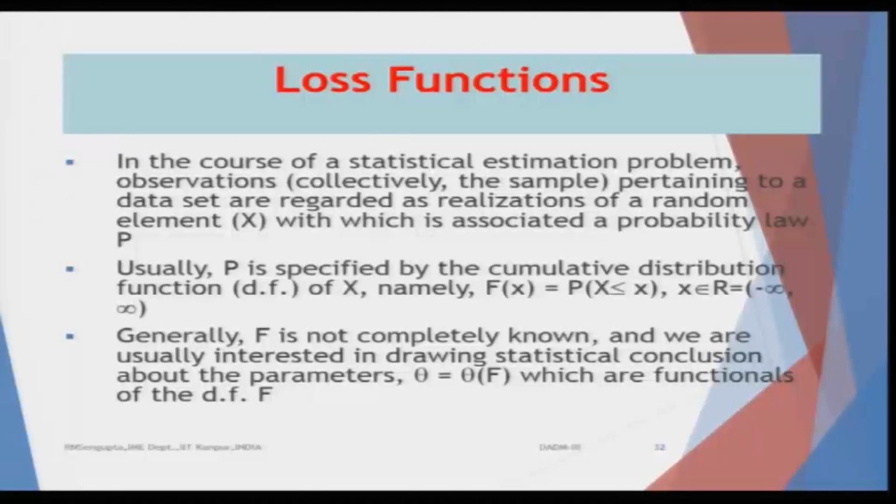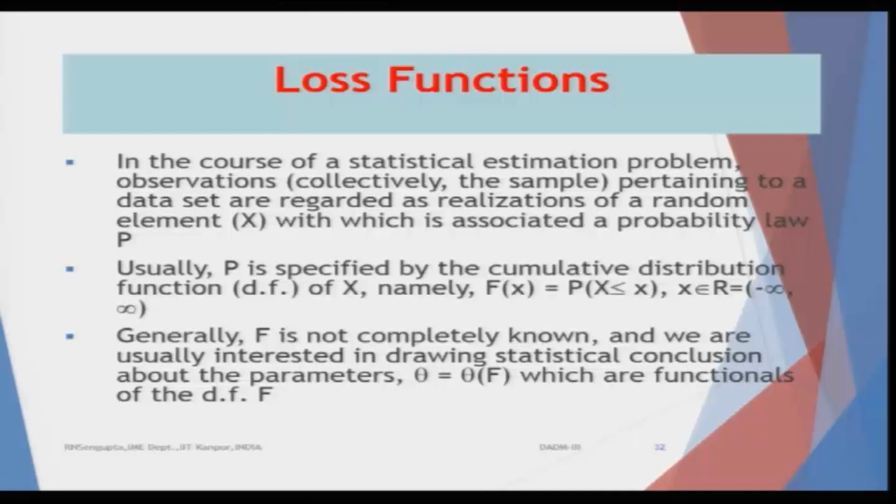Generally F is not completely known, because if it was known, then alpha, beta, gamma, which I said are the scale, shape and location parameters, then obviously it does not suit us to collect some set of observations in order to conduct the study, where our main concern is to find out any of these 3 parameters or the combination of these parameters, which is alpha, beta, gamma.